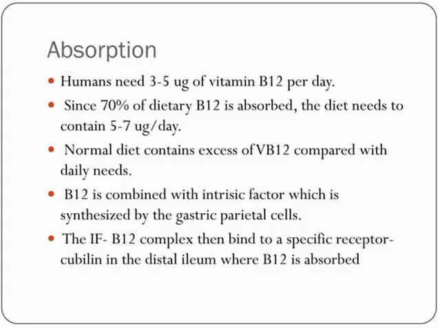That complex travels through the digestive tract, then to the small intestine. After that, in the distal ileum, the final section of the small intestine, the complex binds to a specific receptor called tubulin. Then, once it is bound to the receptor, the vitamin B12 is absorbed into the bloodstream.